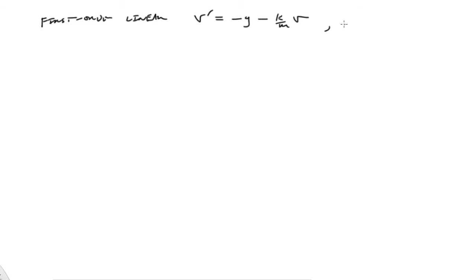In the textbook, they give this coefficient, we call it rho, and that's just the ratio of that drag coefficient over mass, just so you get that notation down. But I'm just going to leave it as k over m. It's a bit more illustrative.